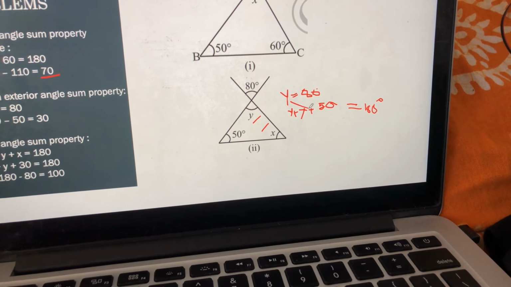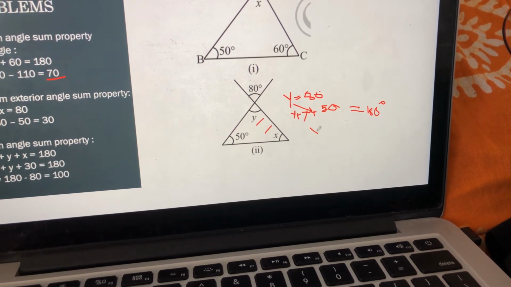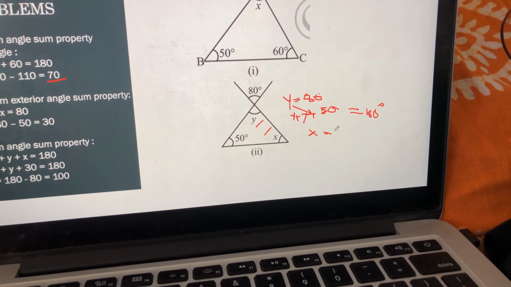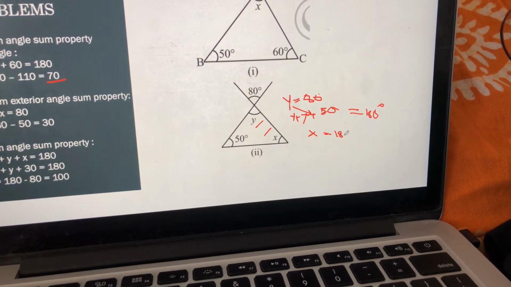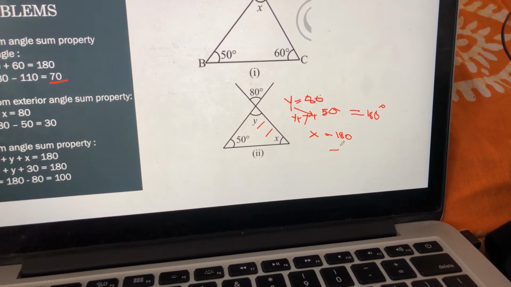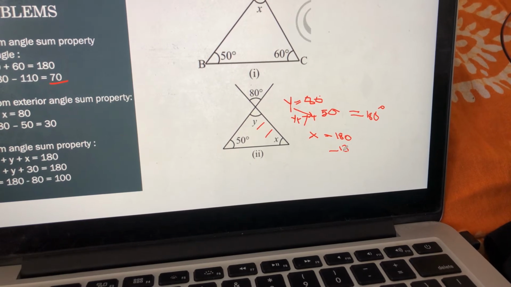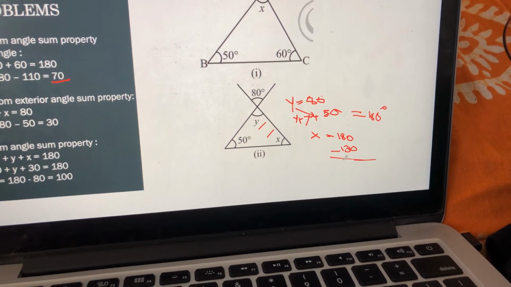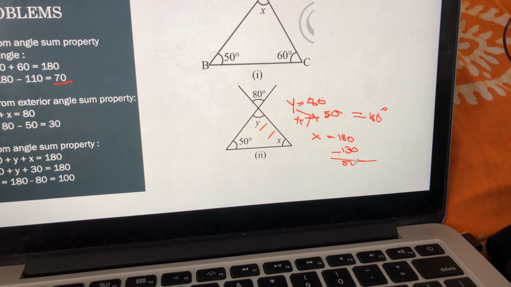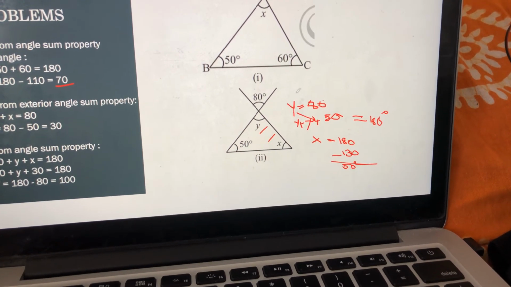So we know y is 80 degrees, so x is 180 minus 130, that is 80 plus 50. So x is nothing but 50 degrees.